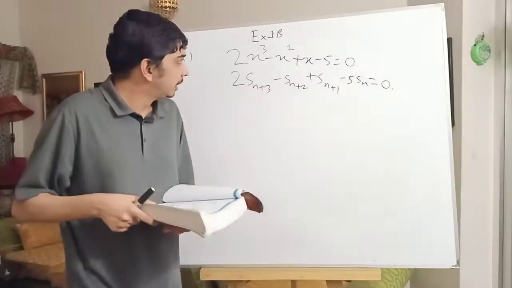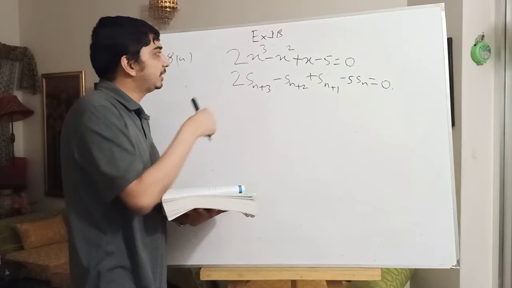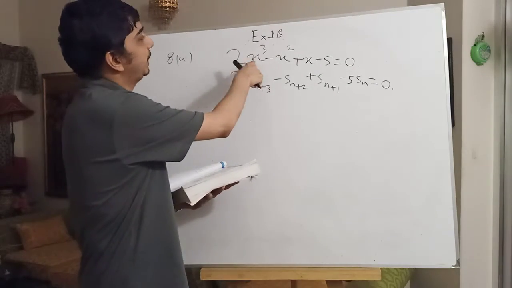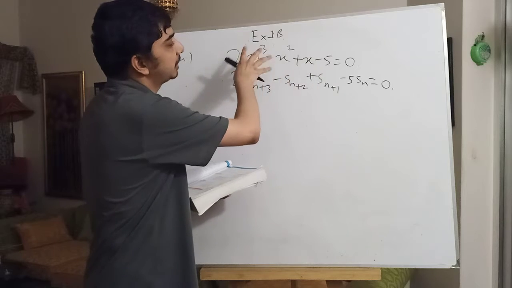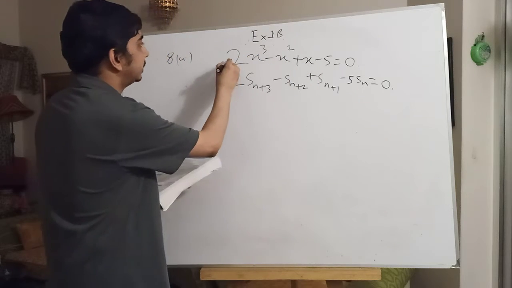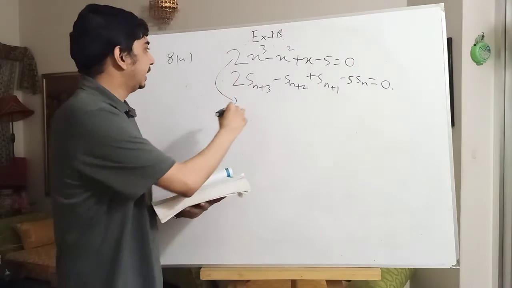The technique that we are going to use: if I multiply this whole equation, the left hand side and the right hand side, by x to the power n, this will convert to this.